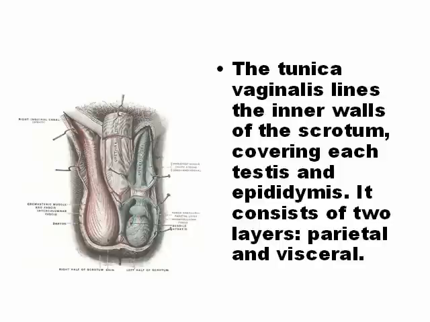The tunica vaginalis lines the inner wall of the scrotum, covering each testis and epididymis. It consists of two layers, parietal and visceral. Why? Because the tunica vaginalis is the continuation of the peritoneum.